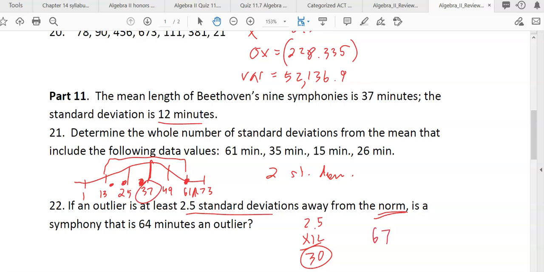So 67 is kind of the unofficial number there. 64 is within 67, so I would say no, it's not an outlier. So how I did that is I took the middle or the norm, which is 37, and I added 30, which is 2.5 times the standard deviation, to get 67. Anything past that would be an outlier.